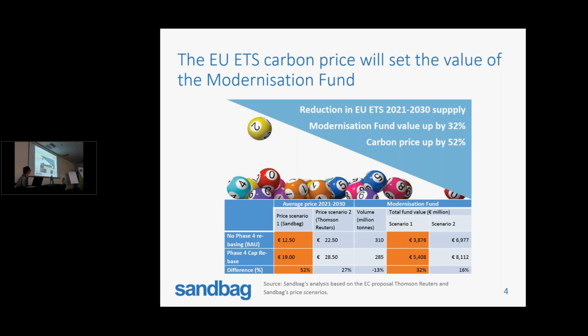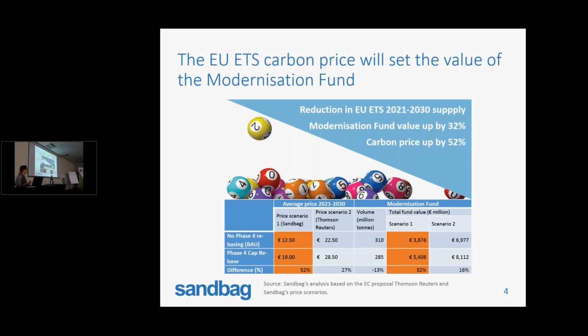I think what needs to be said here is the modernization fund is made out of ETS allowances, and these are not money. Their value will depend on the carbon price after 2020.